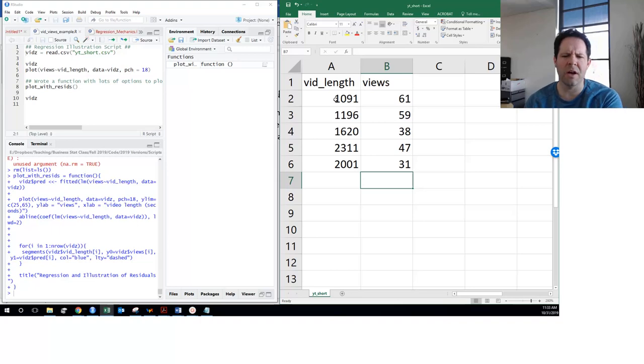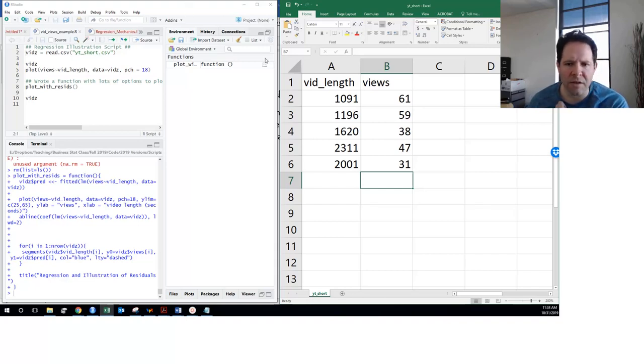There are a lot of other characteristics that can determine how much people view a video, but this gives you a sense of the exercise. I want to think about the relationship between views and video length, in the context of fitting a regression line.